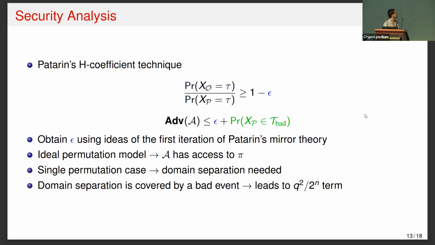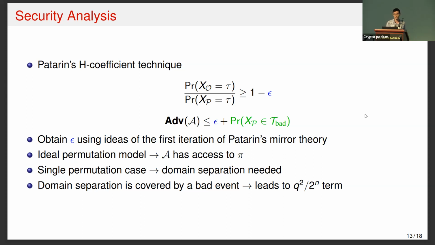Since we have a single permutation case, we do need domain separation in order to prove security. This is actually guaranteed by introducing a bad event that's similar to the one-sided attack, the Q square term. So I'm not going to go much into details about the security analysis.